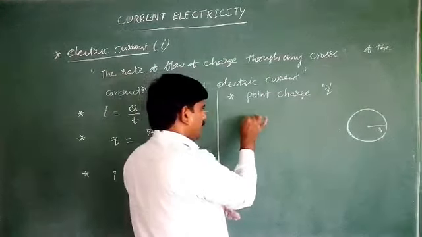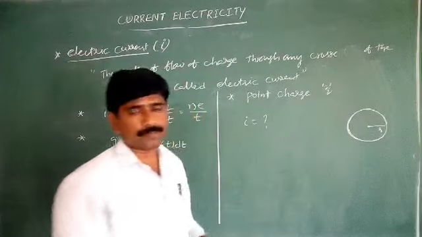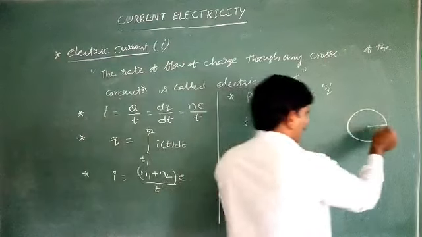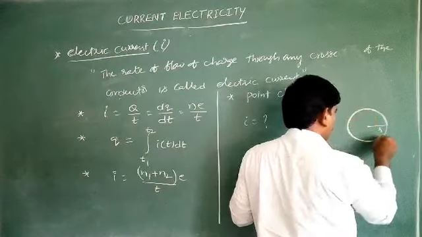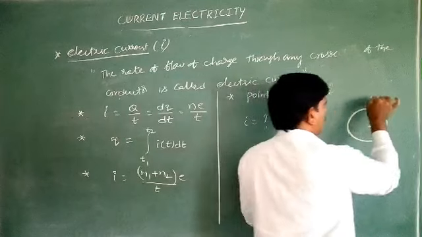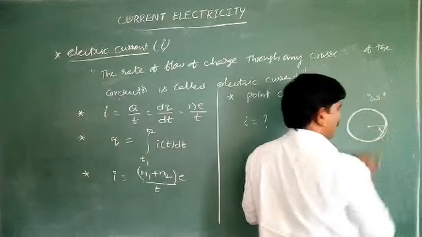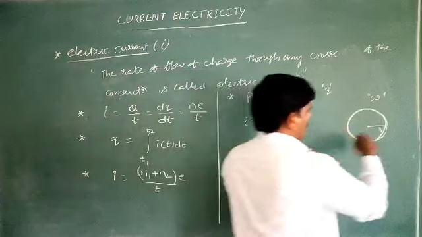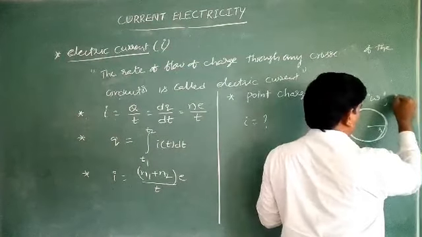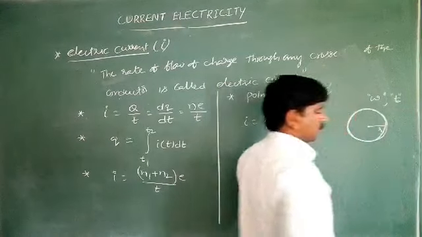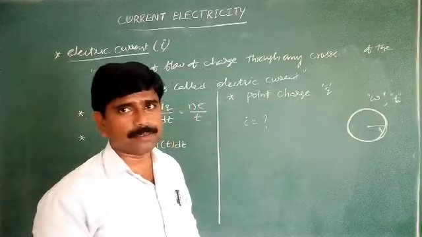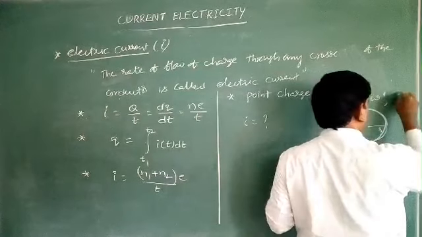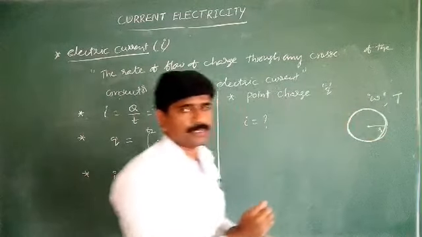So current I is equal to how much? Try to observe. The charge is moving on the circumference of the circle with a certain angular velocity omega, and it completes one rotation in a time interval of T seconds, that is the time period.